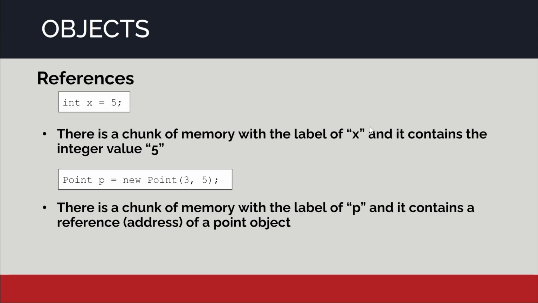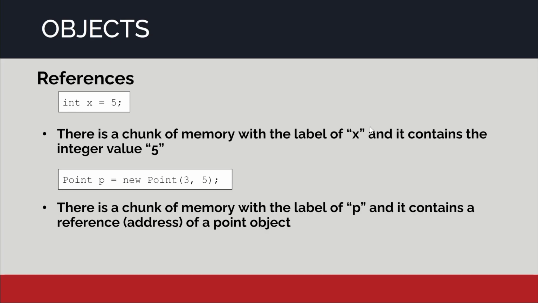All right. So now we should talk about an important concept called references. Let's go back to when we declare and initialize a primitive value. So we have int x = 5. We know exactly what that means. int is the type, x is the name, 5 is the value.